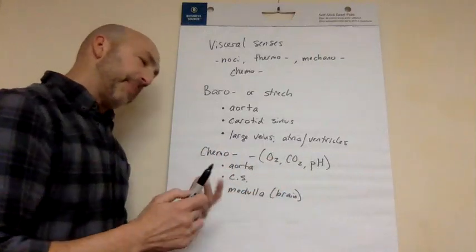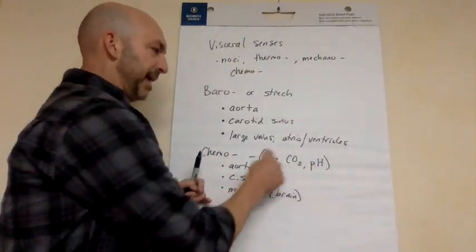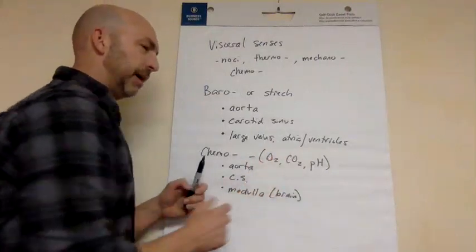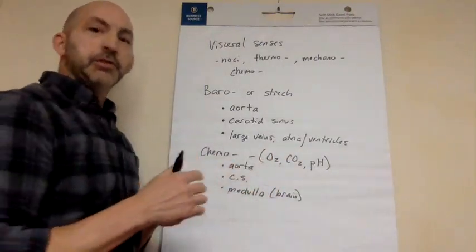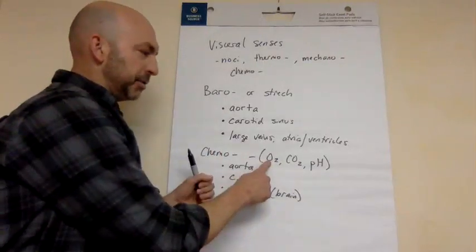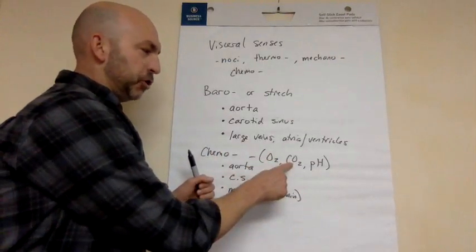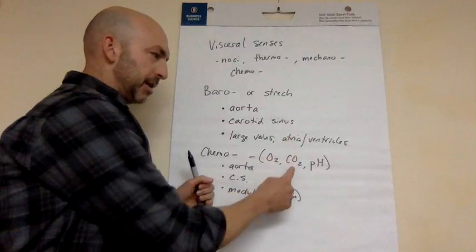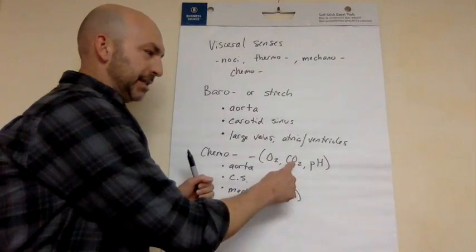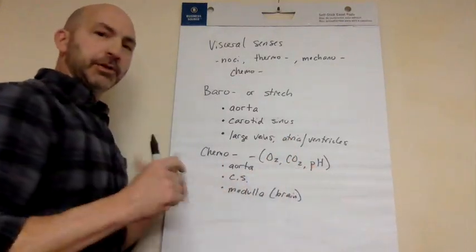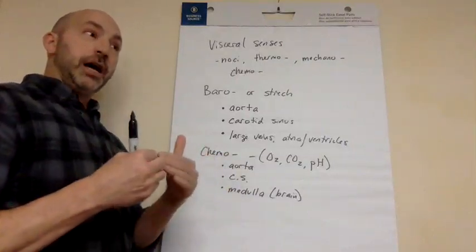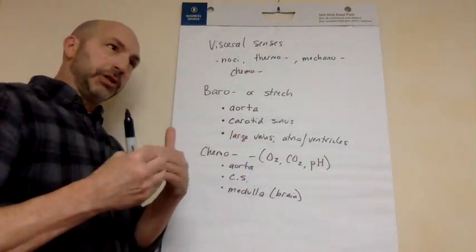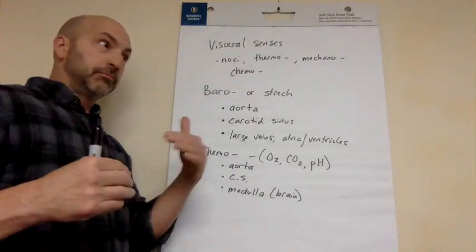And so if you think about it, this is kind of like a metabolism indicator, right? If, for instance, you start to exercise, oxygen consumption goes up, so this goes down. CO2 production goes up, so this would rise. Because of this rising, this would go down. Those three changes are sensed by chemoreceptors, and that input is used to adjust, guess what?